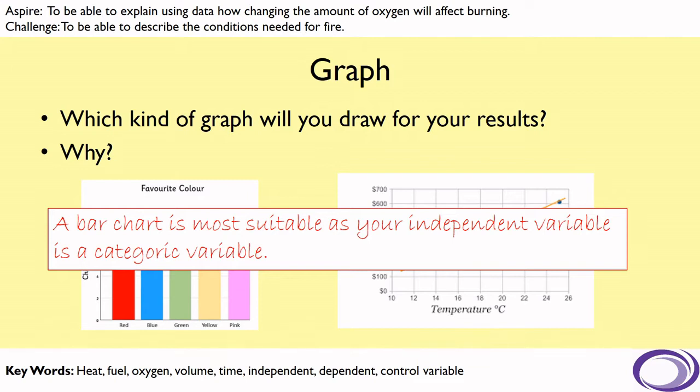So it is a categoric variable, which means it is a label and it will fit into a bar chart more appropriate. A continuous variable would suggest a scatter graph with a line of best fit, and a continuous variable is a variable that can take any value.